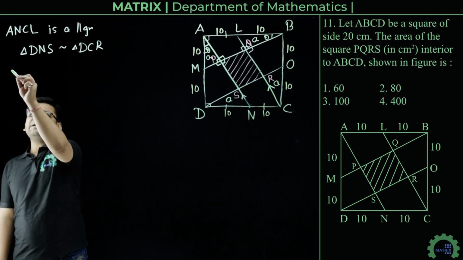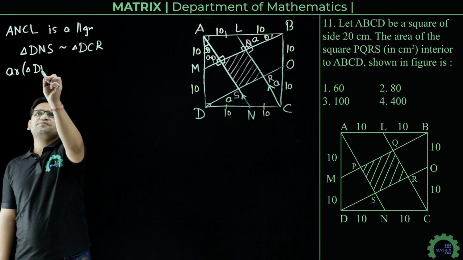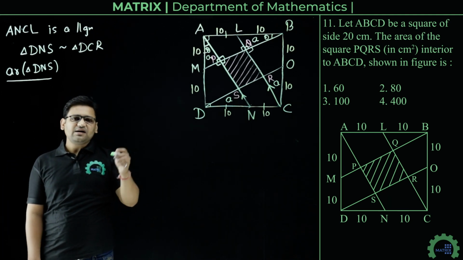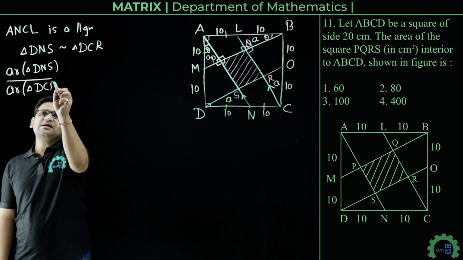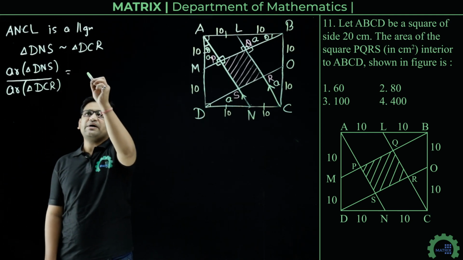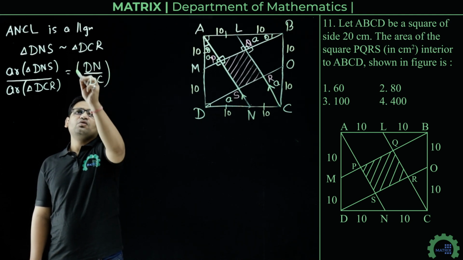So we can write area of triangle DNS divided by area of triangle DCR will be equal to DN upon DC whole square.